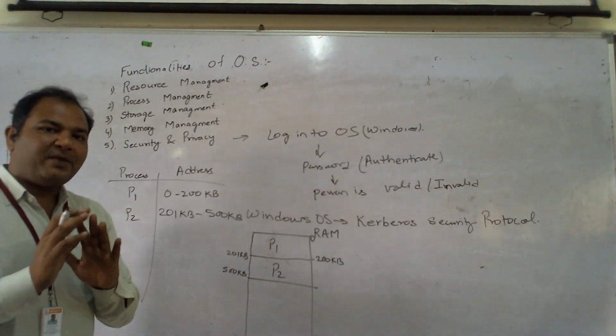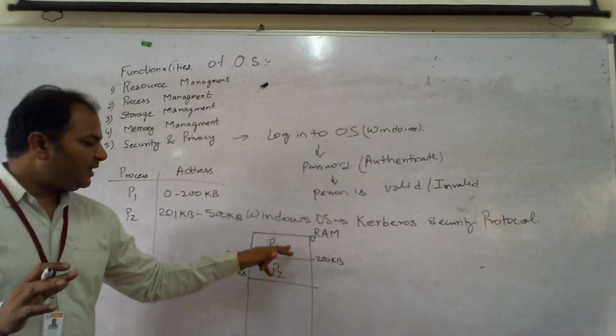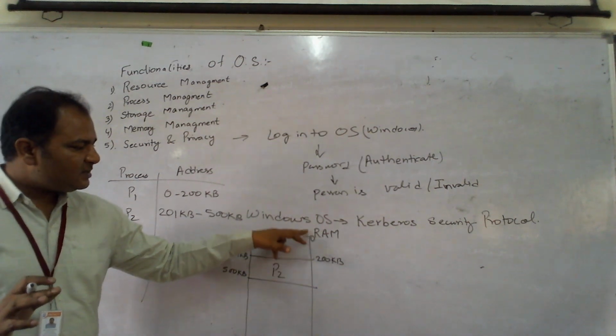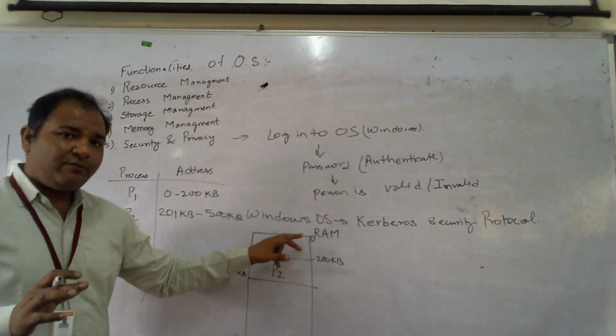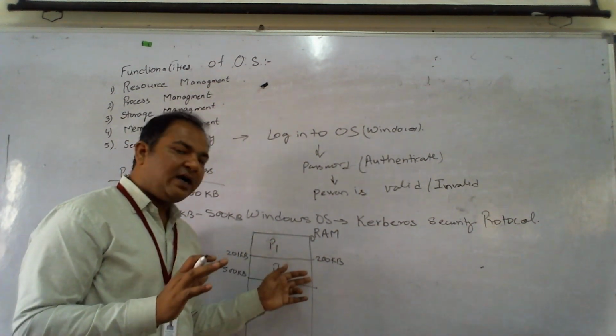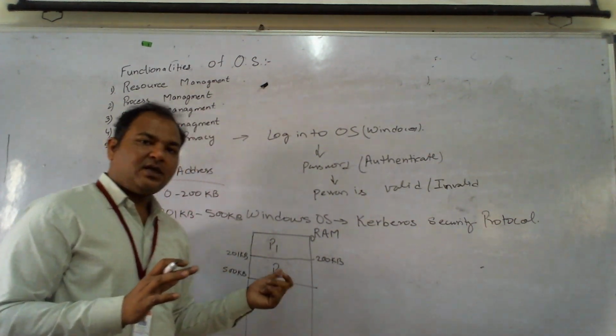It will ban the process, saying you can't interfere with another process. Your space is this. If you access within that space, then it is okay. Otherwise, you can't access another process.